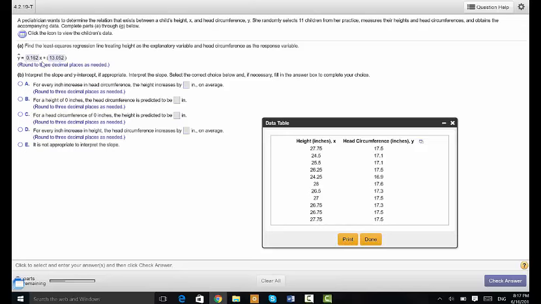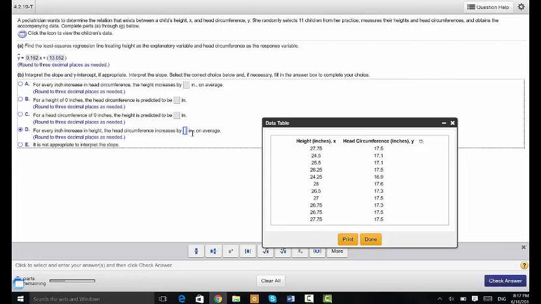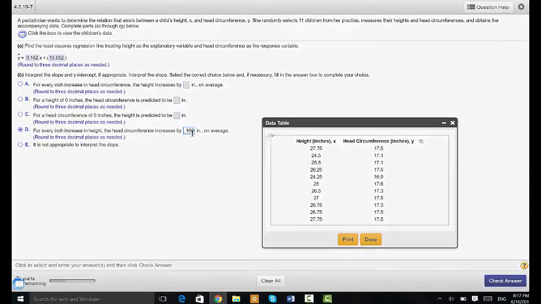So basically this means every 1 inch increase in height is going to make a 0.162 inch change in head circumferences, which I think is answer D. For every inch increase in height, the head circumference increases by 0.162 inch, on average.